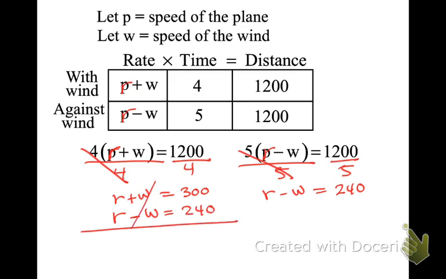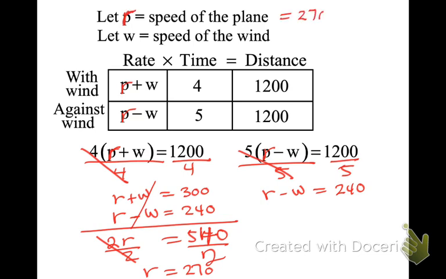Now, this looks perfect for elimination. 2R equals 540. Divide by 2, divide by 2. R is equal to 270. So the rate of the plane equals 270, and I think we were in miles per hour. And then I'm going to go back. Hold on, we're not done.